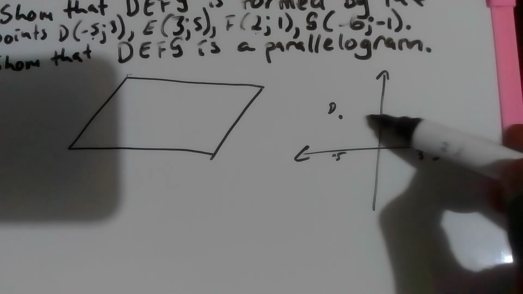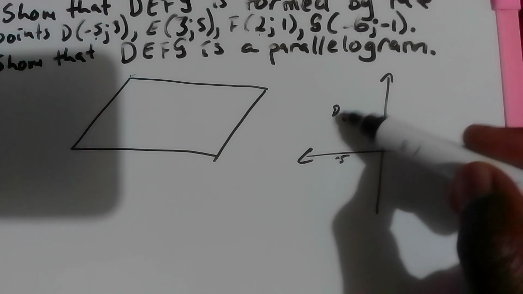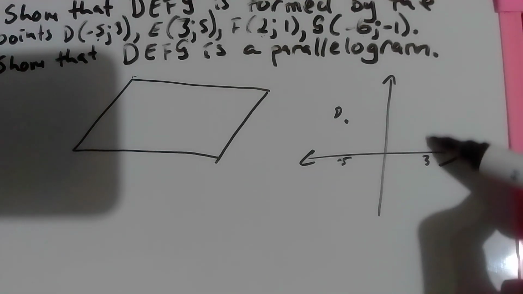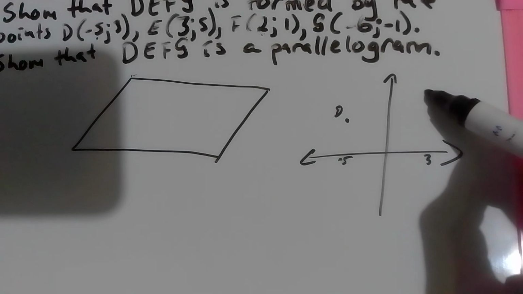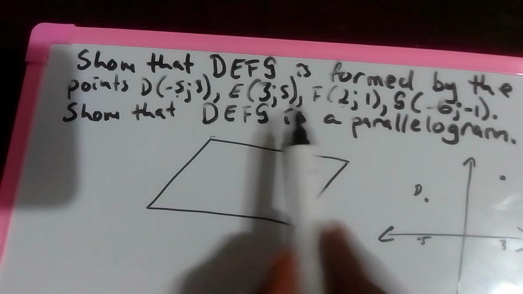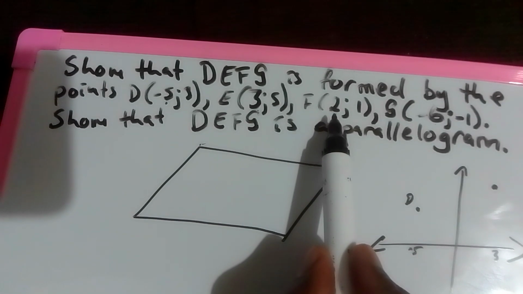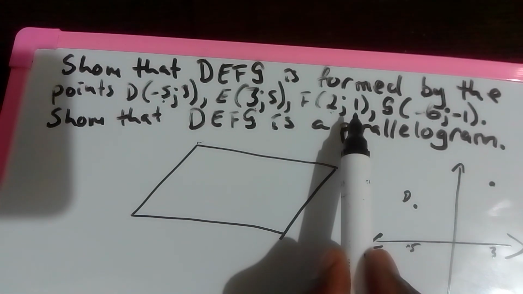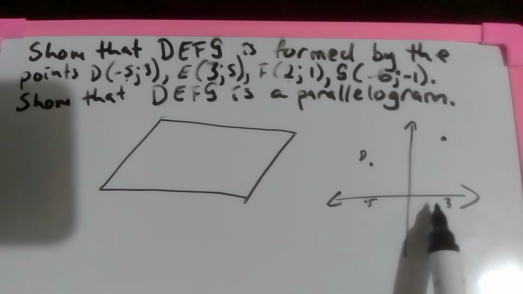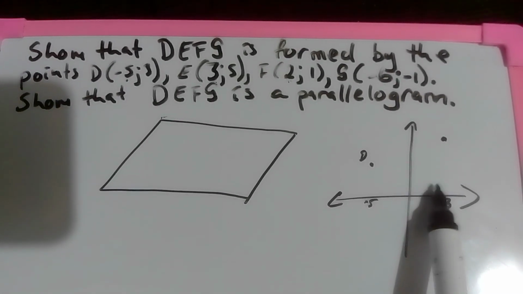So remember, D was -5 and +3, which means 5 is a little bit higher. Then we've got point F, whereby our x coordinate is 2 and the y coordinate is 1. So it's a little bit back.